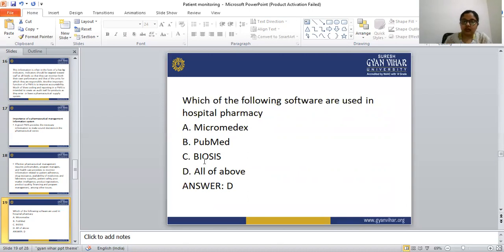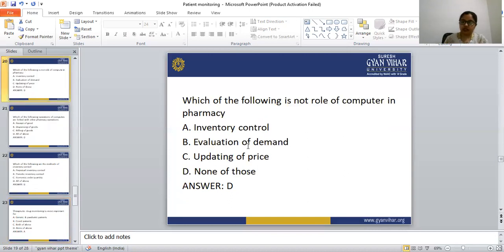All of these are used in the pharmacy, because they are all databases, from which we can find out all the information: drug interaction, drug food interaction, and all the information about the drug and its dosage. So Micromedex, PubMed, Biosys, these all are used in the hospital pharmacies.